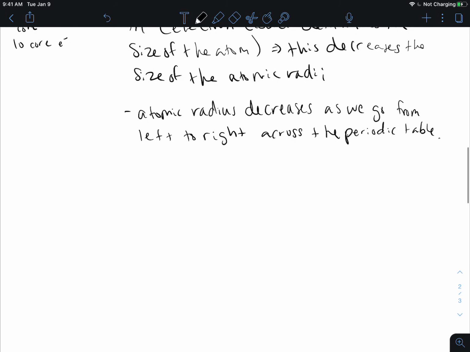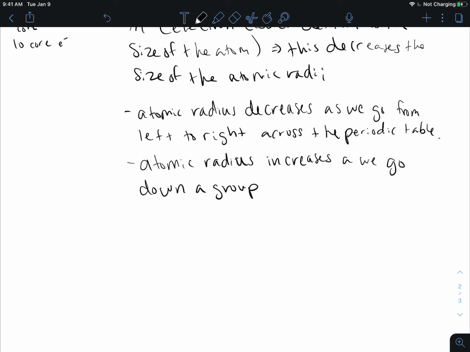As we go down our periodic table, we are going to also increase in size. And this has less to do with our effective nuclear charge than it does just that we have more electrons. So atomic radius increases as we go down a group. Atomic radius going from left to right decreases because of increased Z effective.